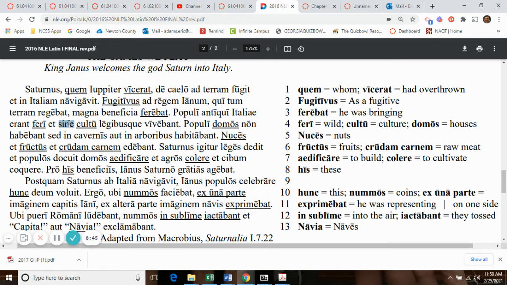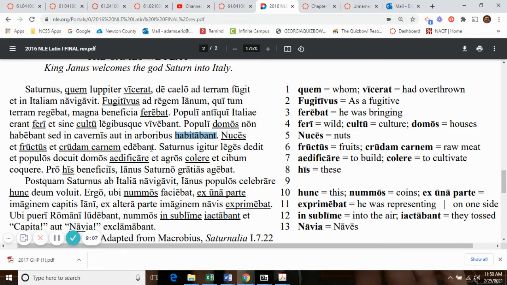Legibus is also object of sine. The peoples were not holding homes, but they were living, please note the difference between habeo, habere, to have, to hold, and habito, habitare, to live. They were living in caverns or in the trees.